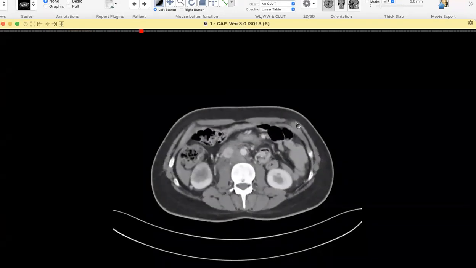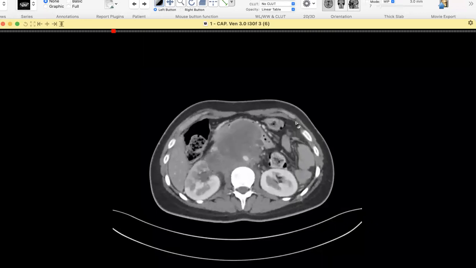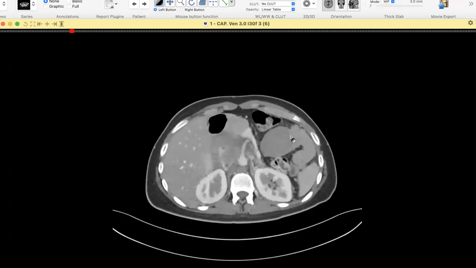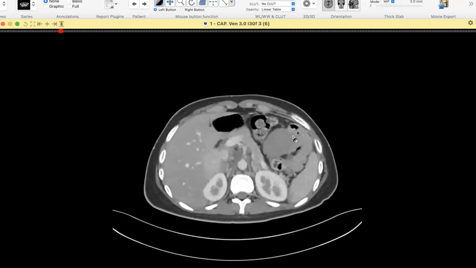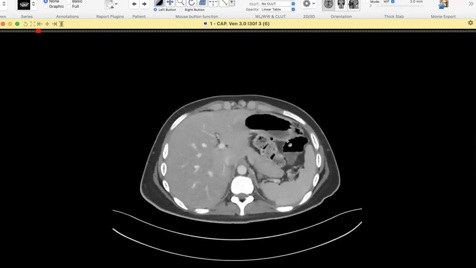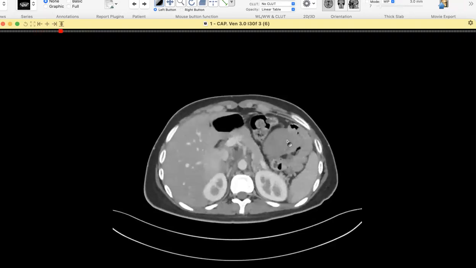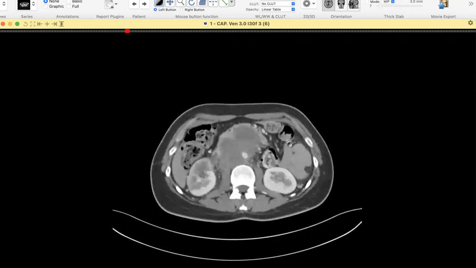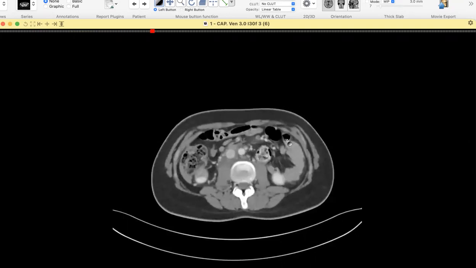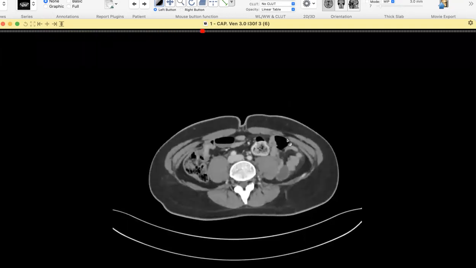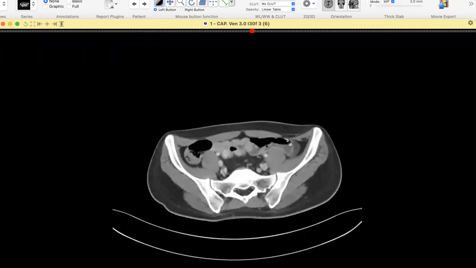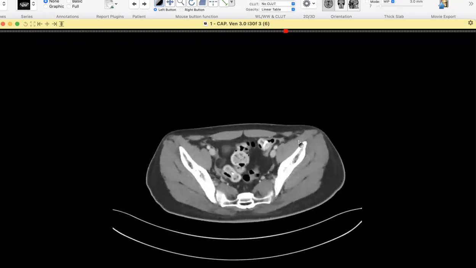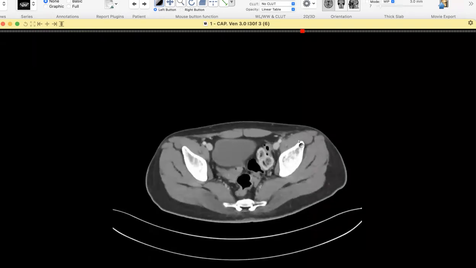There's another mass, but I'm sorry it's jumping, I think there's another mass here in the left hypochondrium. Not too concerned about that for now. Okay, so this retroperitoneal mass with heterogeneous enhancement and vascular encasement could be a case of lymphoma, primary or secondary, a secondary lymphomatous mass.